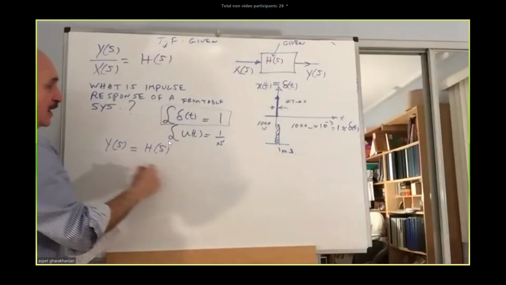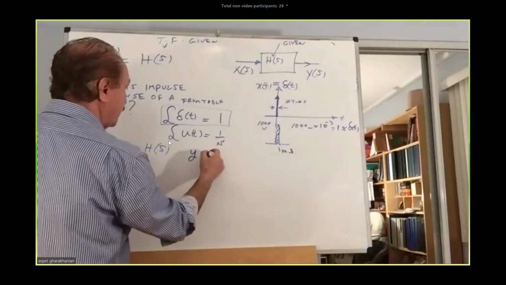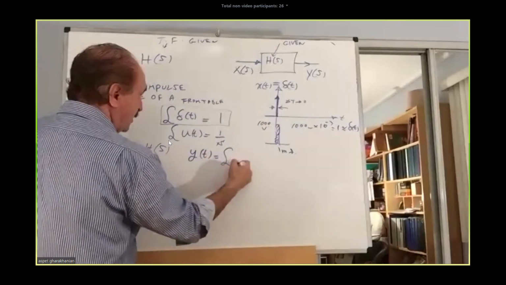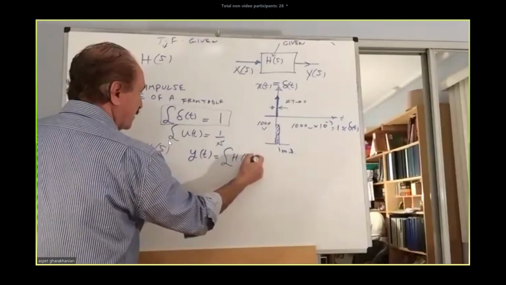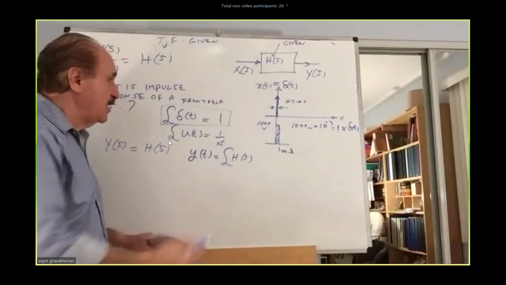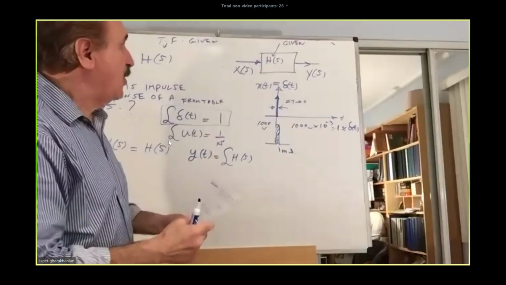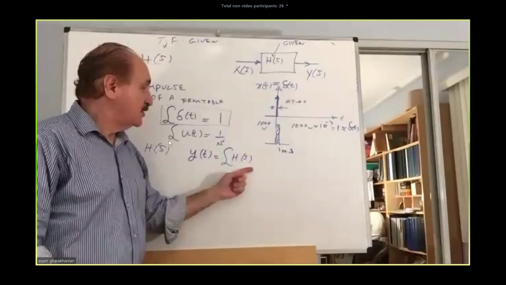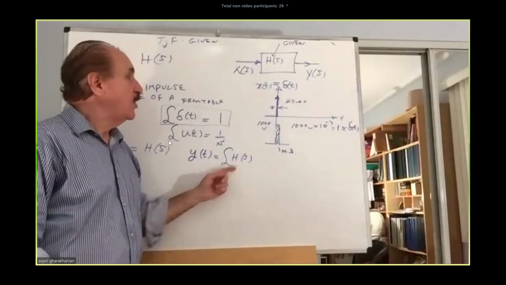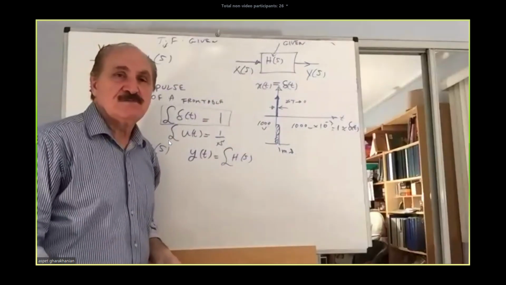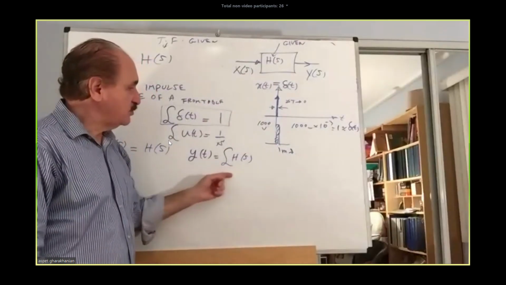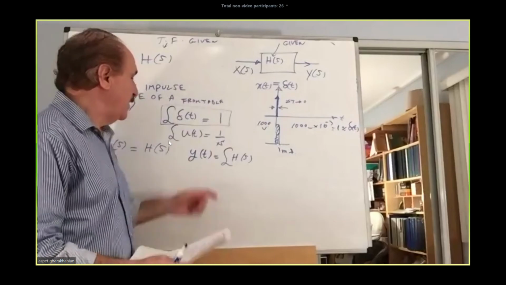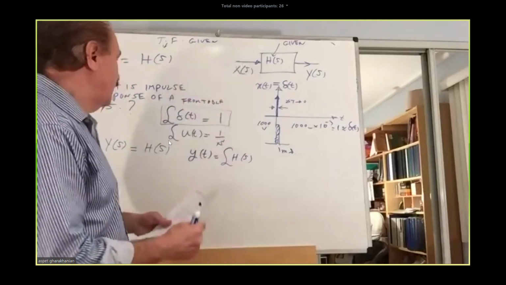So what is then our output? y of t, well, simply inverse transform of H of s. So the bottom line is impulse response of a system is the inverse transform of the transfer function. And that will be the impulse response of the system.